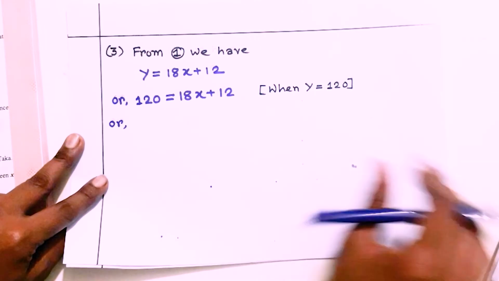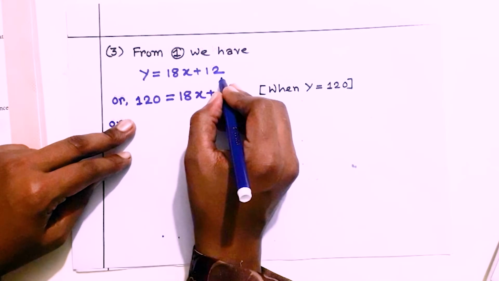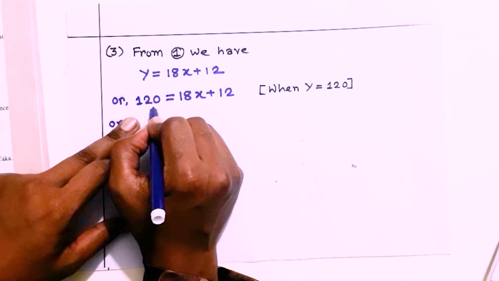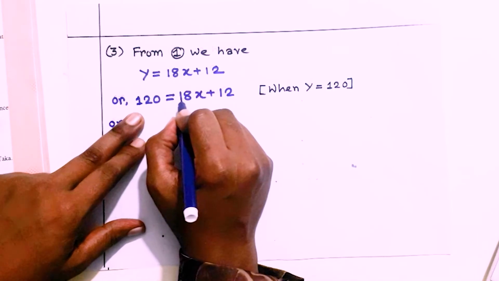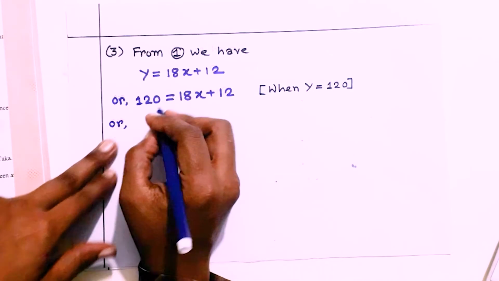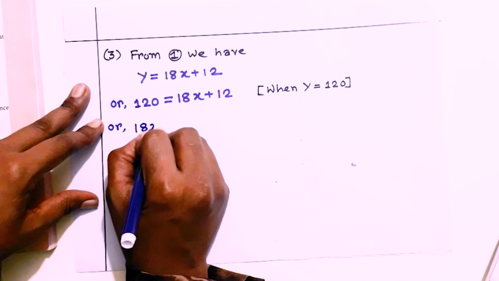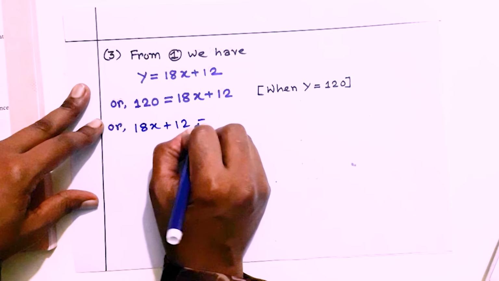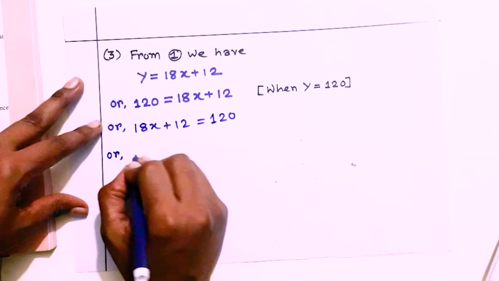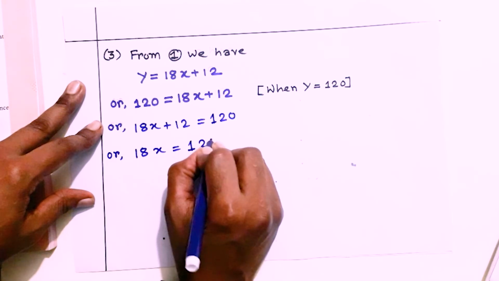Question number 3. From 1 we have y is equal to 18x plus 12. We can write y is equal to 120, so 18x plus 12 is equal to 120.